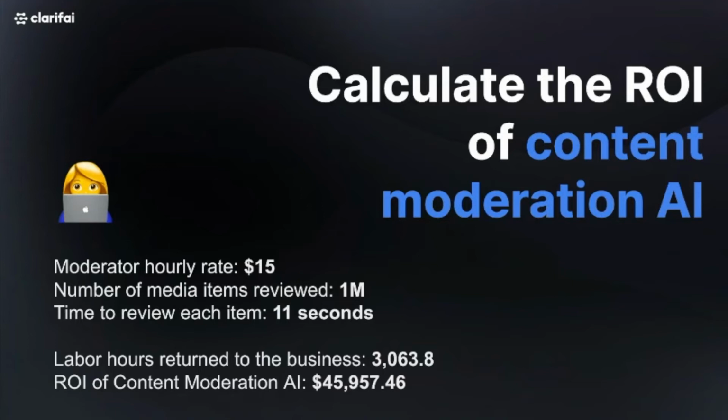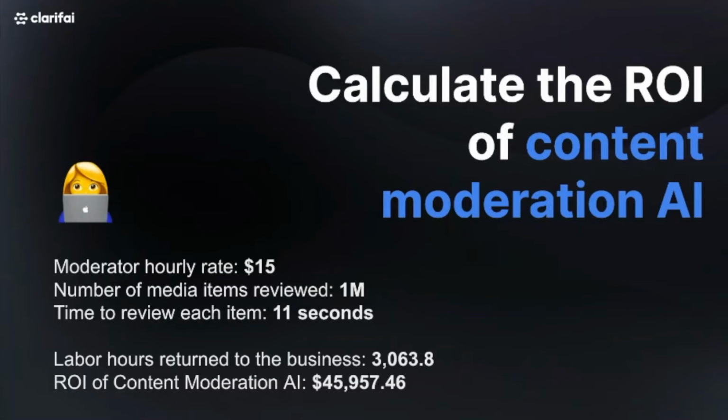And here's a quick back-of-envelope calculation to give you a sense of just what kind of savings you might be looking at. So looking at the ROI of content moderation powered by AI versus powered by a manual content moderator. Let's just throw out a number of $15 an hour for the content moderator, and this is quite a low number.